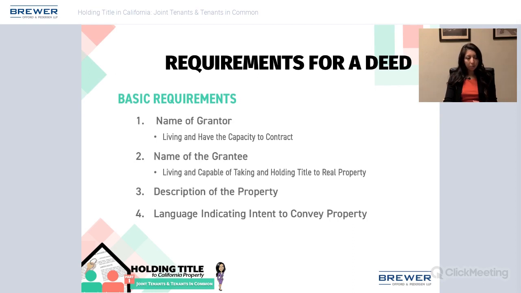Does he mean all of them? Does he mean the ones that are 18? Does he mean future ones coming about? Like, what is he trying to grant? So that's why it needs to be very clear and specific on who's the grantor, who's the grantee, the description of the property, and the language showing the intent to convey.